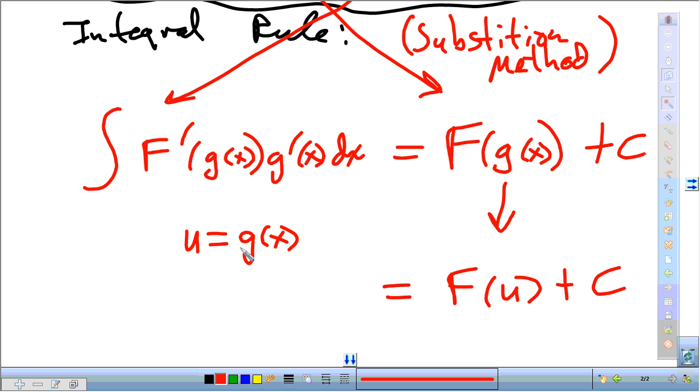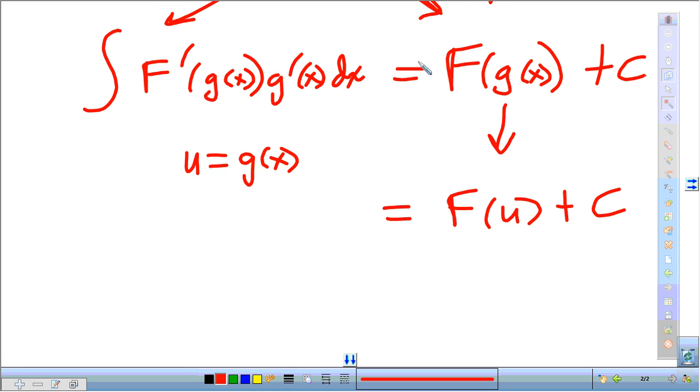So coming from this substitution that shows up in the chain rule or in this reverse integration rule. So the idea is to realize what we're integrating in terms of a single expression, capital F of u, and then substitute back.